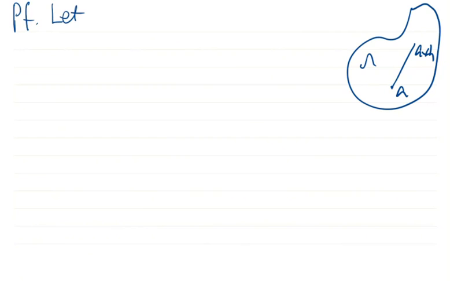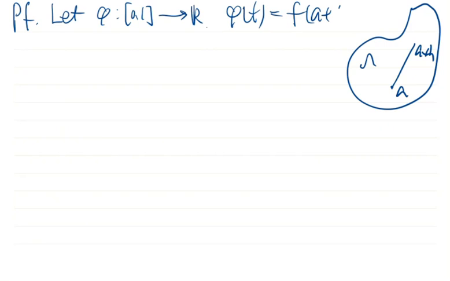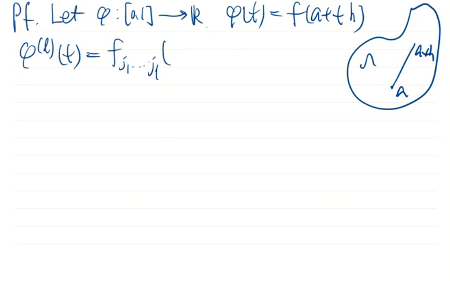As before, consider this function phi t is f of a plus t h. Then we have computed the derivative: phi l t is f j1 jl at a plus t h, times h j1 up to h jl.